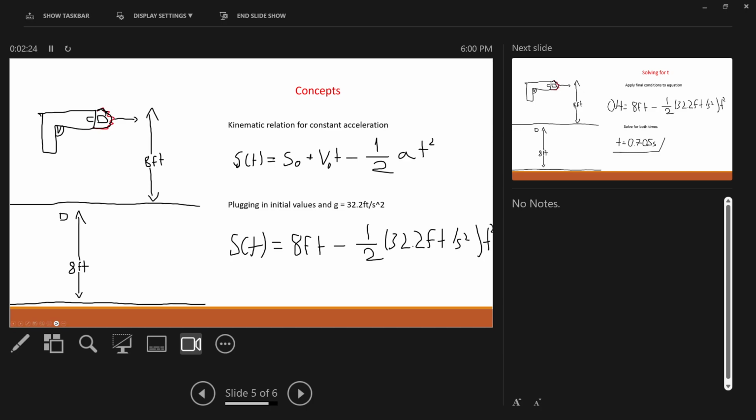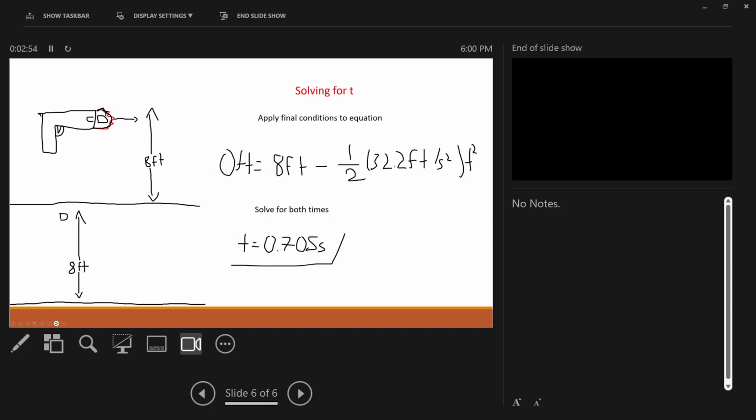And both of these bullets will be using the same equation, as the bullet fired from the gun does not actually have any other force acting on its vertical component, only its horizontal. So that will only affect its horizontal movement, not its vertical movement. And that means that the vertical movement of the first bullet will be the same as the second bullet.